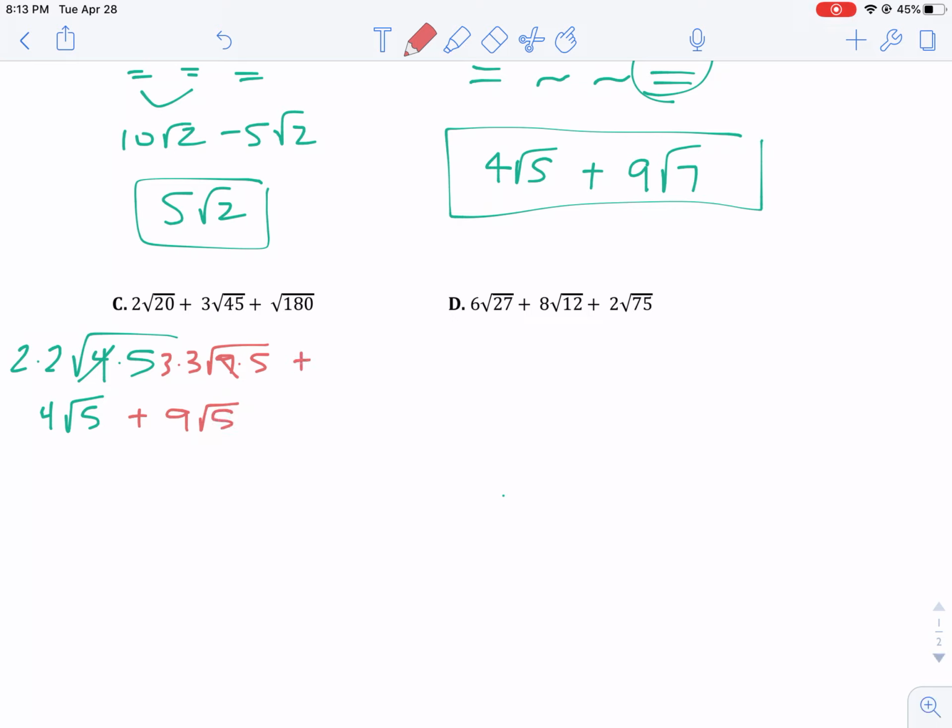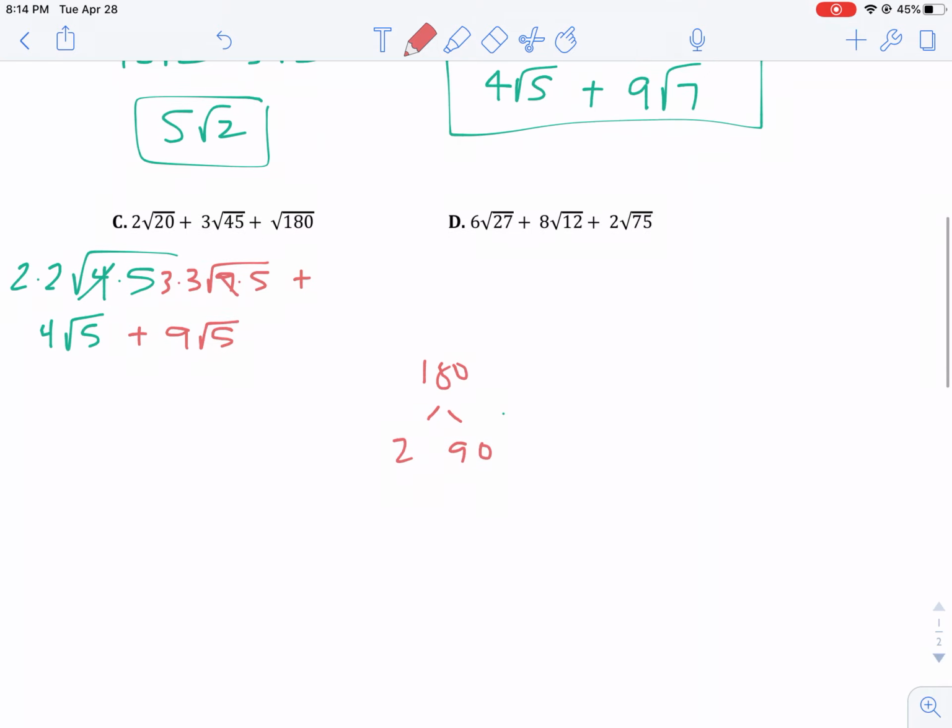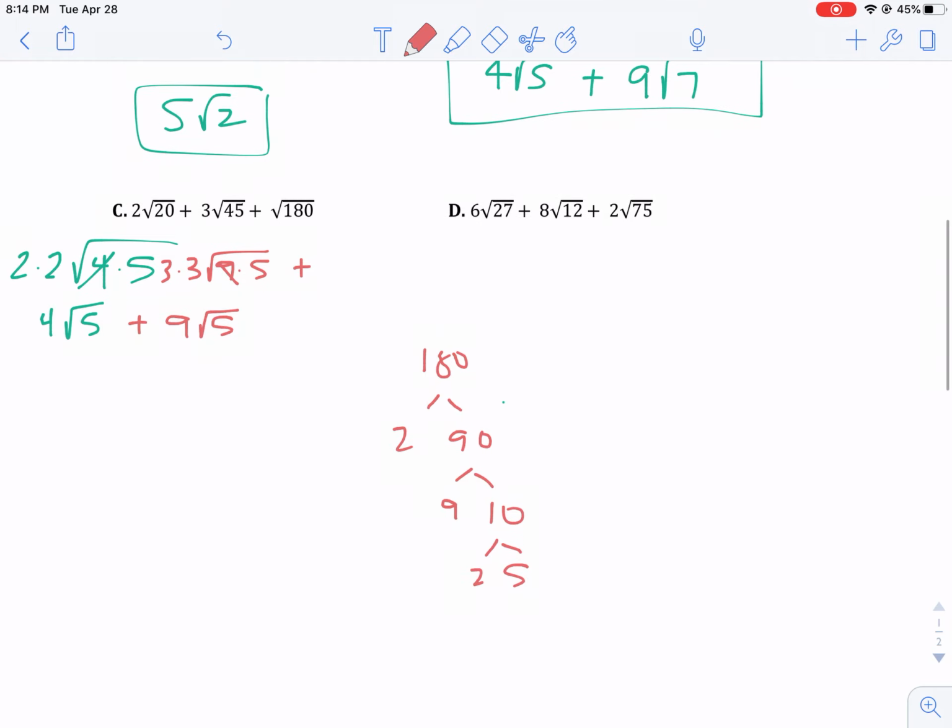And then 180, well, the first thing that comes to my mind is 2 times 90. And then 90 is 9 times 10, and then 10 is 2 times 5. So when I think about that radical, I have on the stems here a 9, 2 and 2, which would be a 4, and then the 5, which we can't take the square root of.